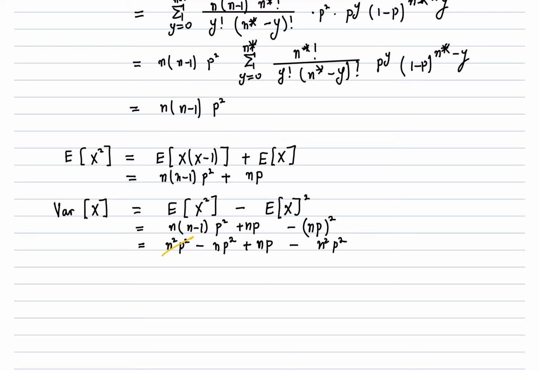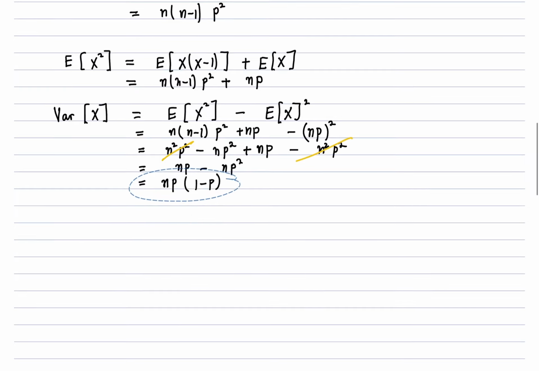This n squared p squared cancels with this n squared p squared, which leaves us simply with np minus np squared. We can factor out the np, and so we get np times 1 minus p. And this, ladies and gentlemen, is the formula for the variance of a binomial distribution.